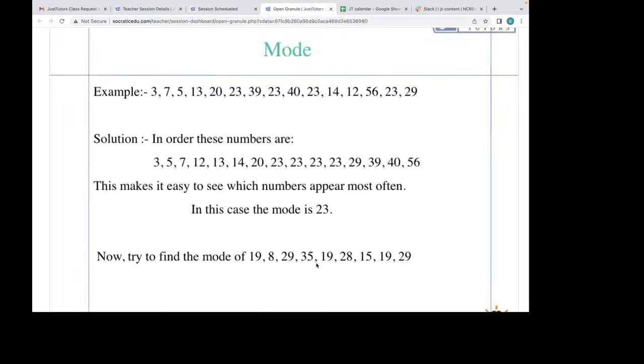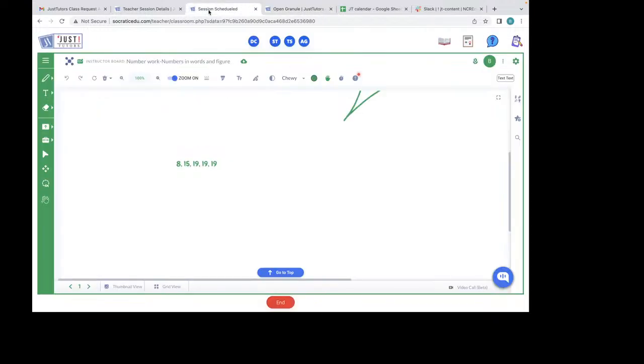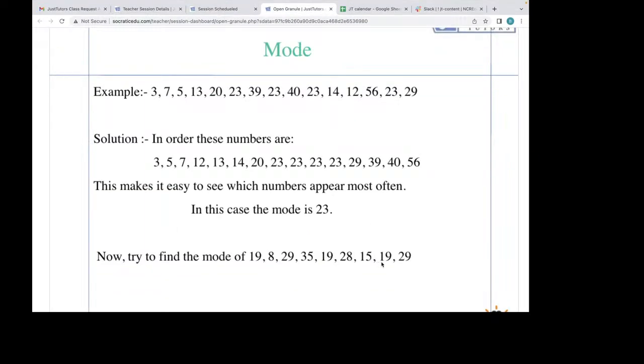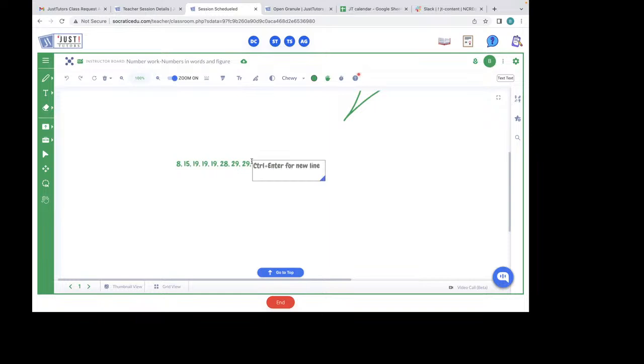So it is 1, 2 and 3 times. After this we have 28. After that we had 29, which I remember has occurred twice. 29 and then here as well 29. And after this we have 35.